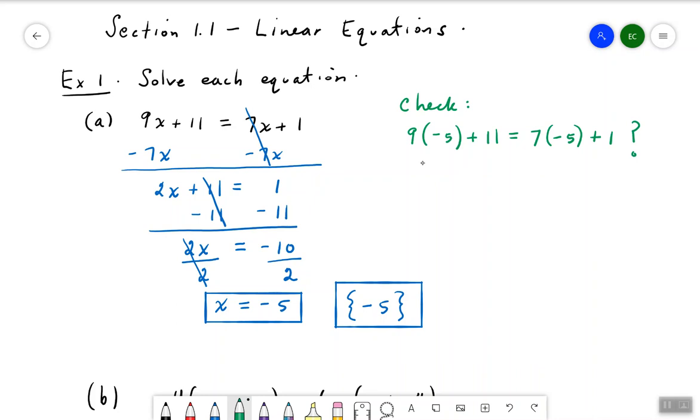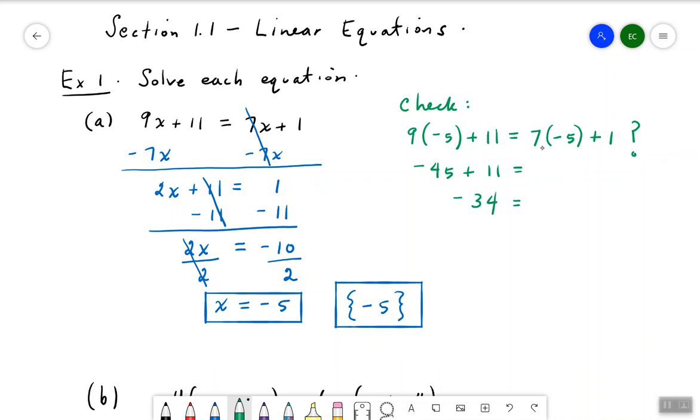What we're going to do is simplify the expression on the left side of the equal sign, and simplify the expression on the right side, and see if we get the same thing both ways. On the left side, negative 45 plus 11 gives negative 34.